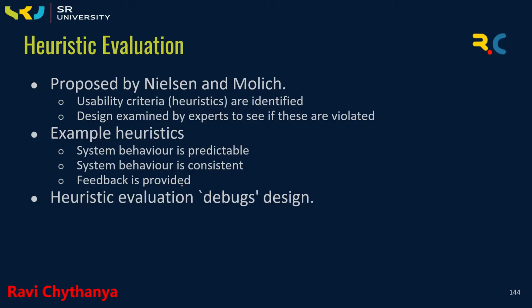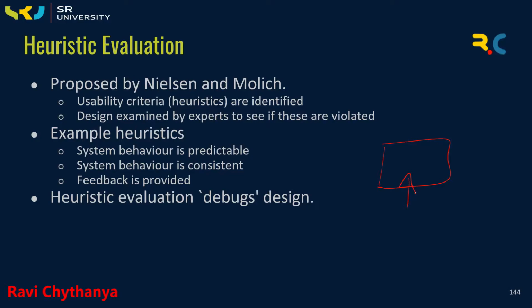If I'm going to have an application used for reservation of the railways, first I need to identify the usability criteria, and then the experts are going to examine the design to see whether those usability criteria you have identified are violated or not.